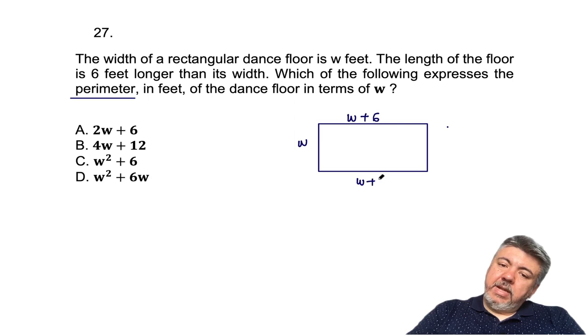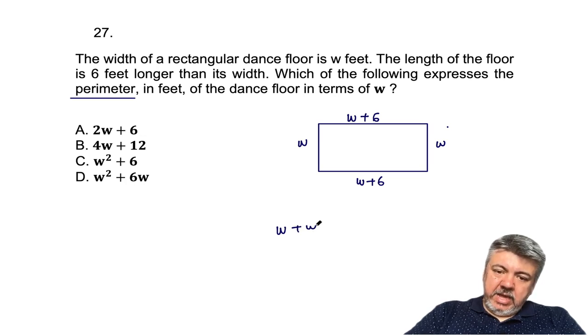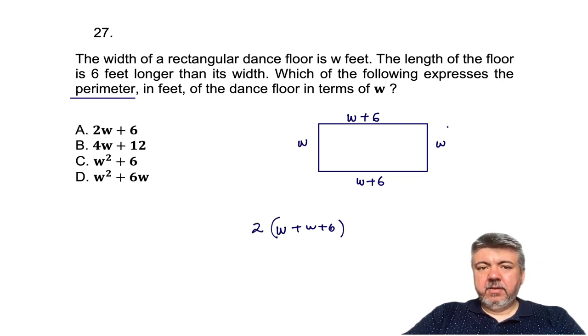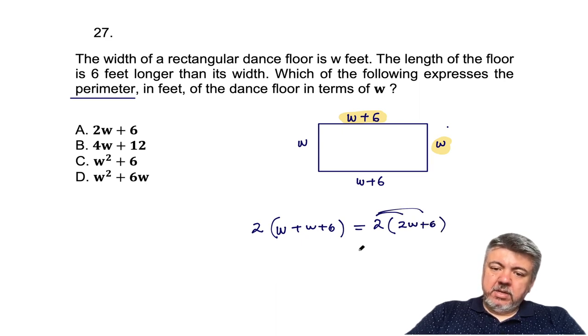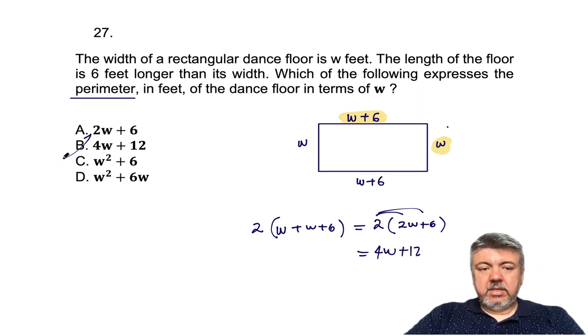It's going to be W plus 6 and W. So we add the width and the length together and multiply by 2. Inside we have 2W plus 6. Now expand it: 4W plus 12. It's going to be choice B, my friends.